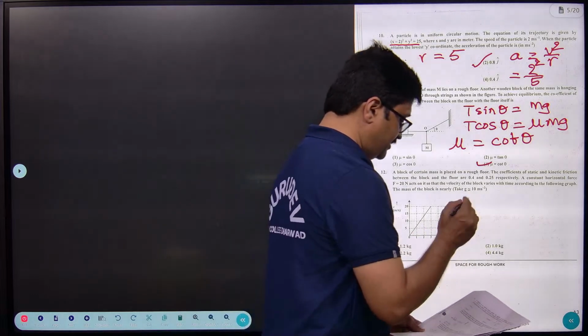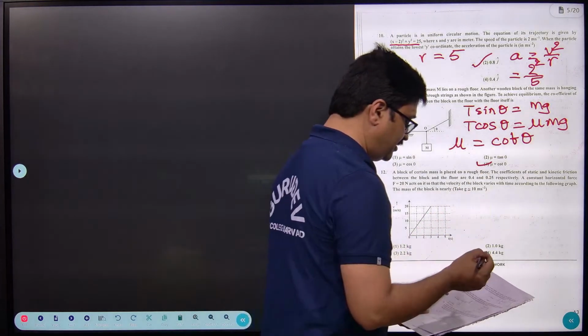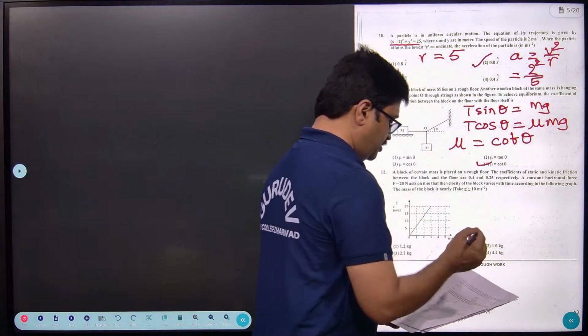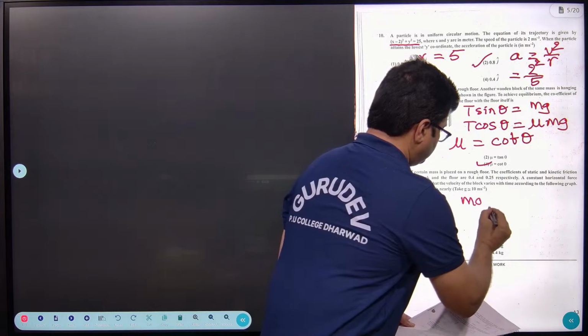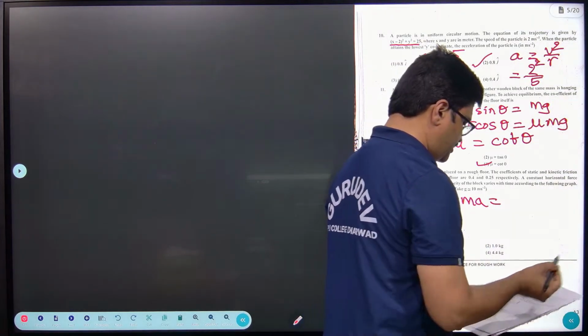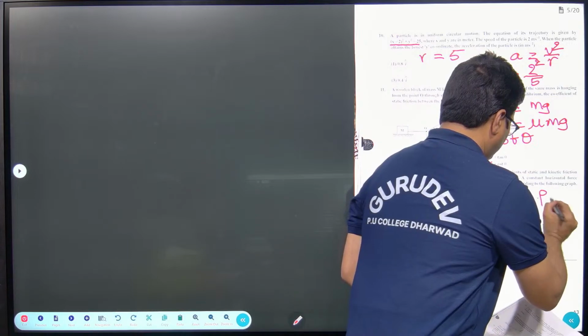Hence acceleration in this case works out to be, I can write it like this: mu s m into a is equal to F minus force of friction.